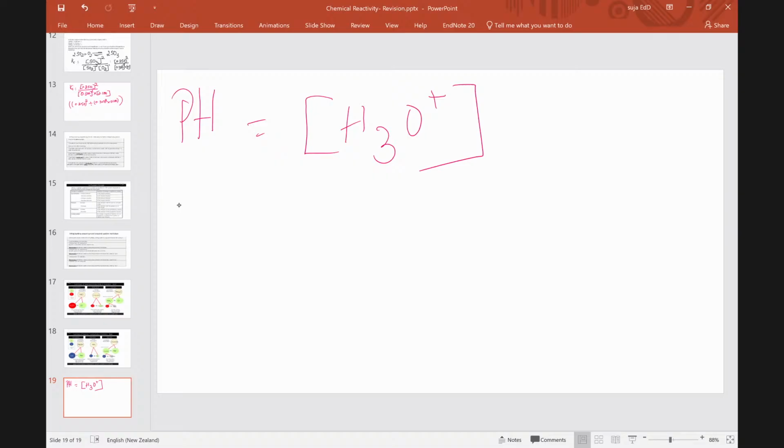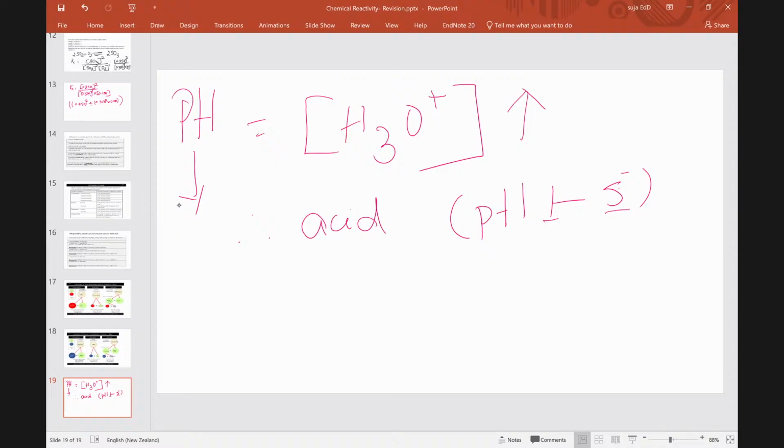That means it's an acid. So if the concentration is higher, the pH is lower and therefore an acid. Because we know that the pH of an acid is 1 to 5, 1 to 2 being strong, and higher pH means weak acid.